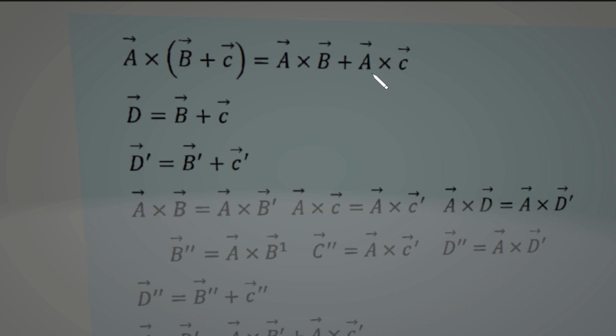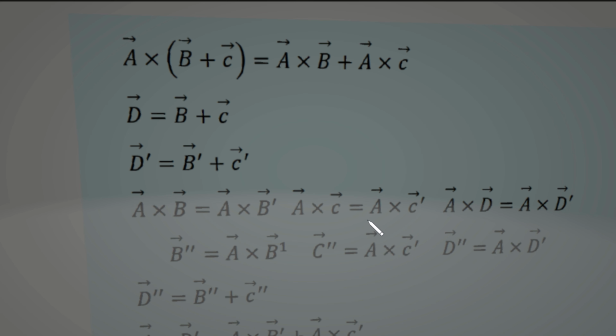In a similar manner, the second term of the right hand side of the distributive law, that means A bar cross C bar, is also written as A bar cross C prime bar. The AC angle is taken as alpha. In that situation A bar cross C bar magnitude is AC sin alpha.